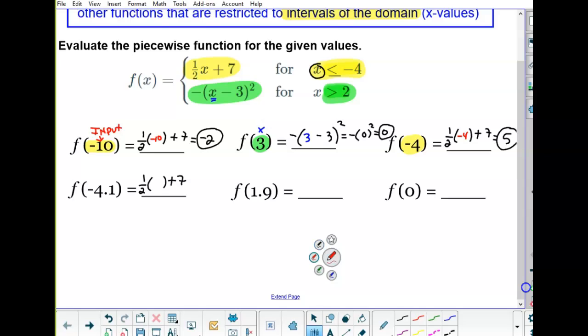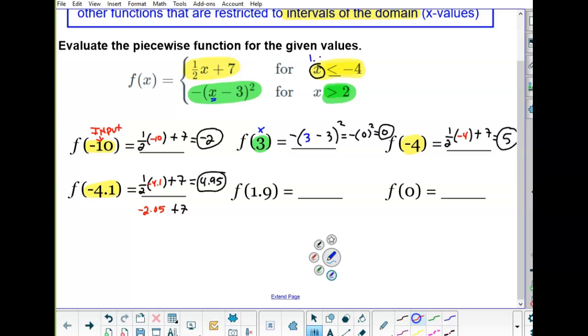Plug in -4.1. If I cut that in half, that's -2.05 plus 7. And let's see, is that 4.95? And if I keep with my highlighting theme, that's going to be for the yellow piece. And then I've got 1.9.